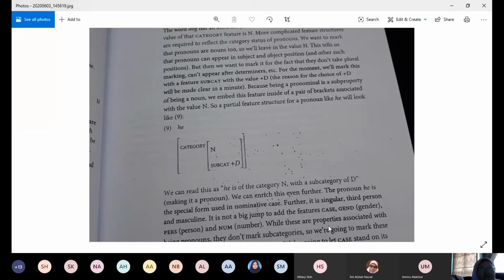So there is some feature that they share, and they share the feature of N. So when we draw the partial feature structure of the word he, which is a pronoun, we should also note down that he is of the category N, a noun. Because being a pronominal is a sub-property of being a noun, we embed this feature inside a pair of brackets associated with the value N. As you can see, there is a square bracket here on each side.